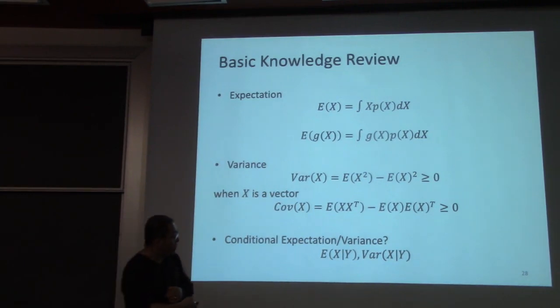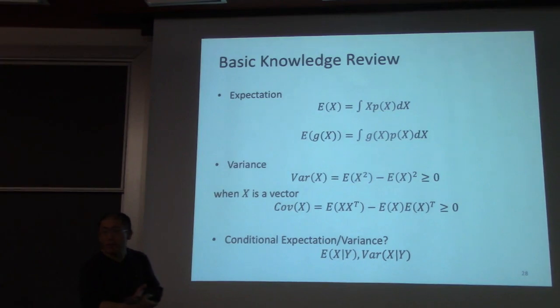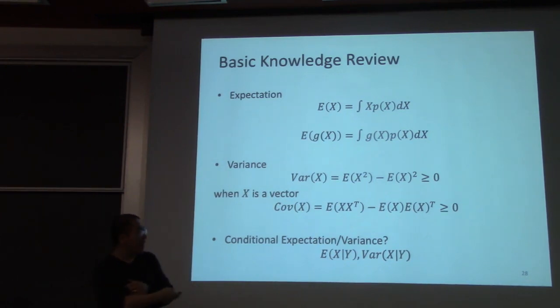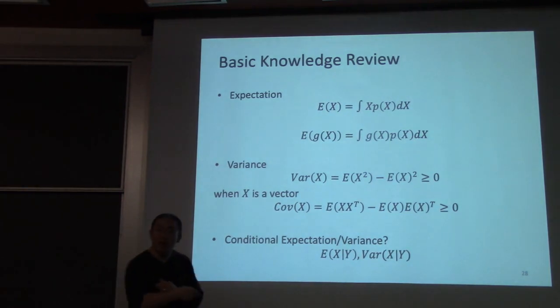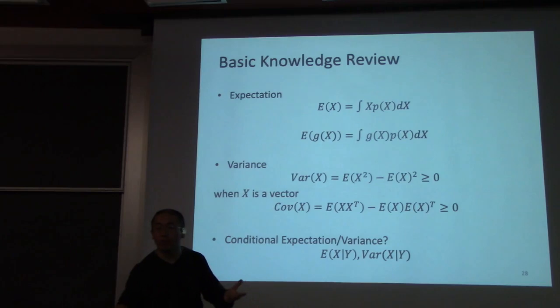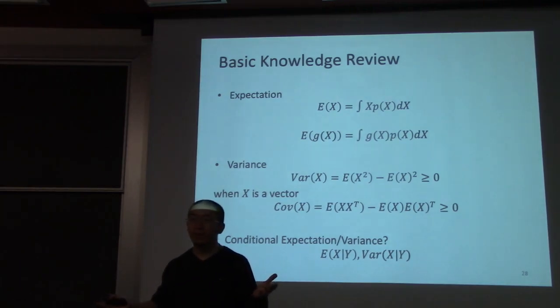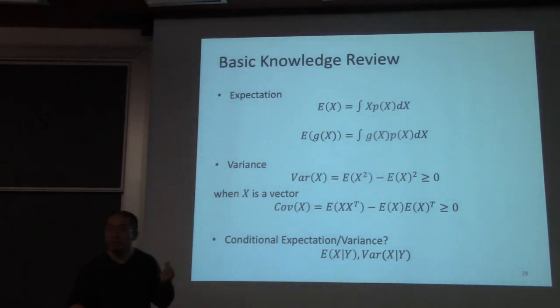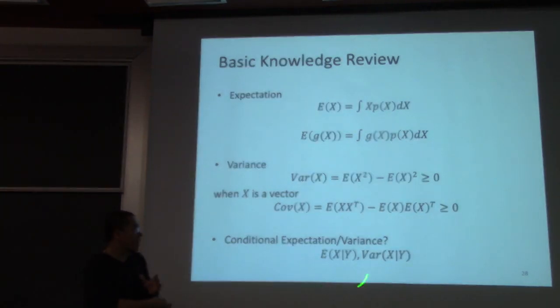When I do the conditional expectation, the random variable x disappears in the integral operation, so this is essentially a function of y. But y is a random variable, and a function of a random variable is still a random variable. So don't be confused: when you condition on some random variable and take expectation or any other operation, as long as that variable is not integrated out, the result is always a random variable.